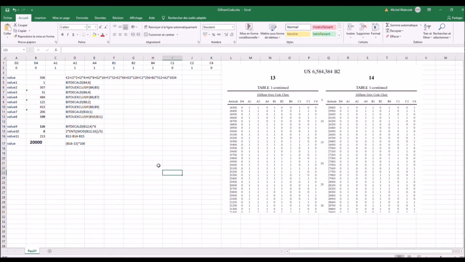You can check also another one, for example, the last one here, 28,800 feet.